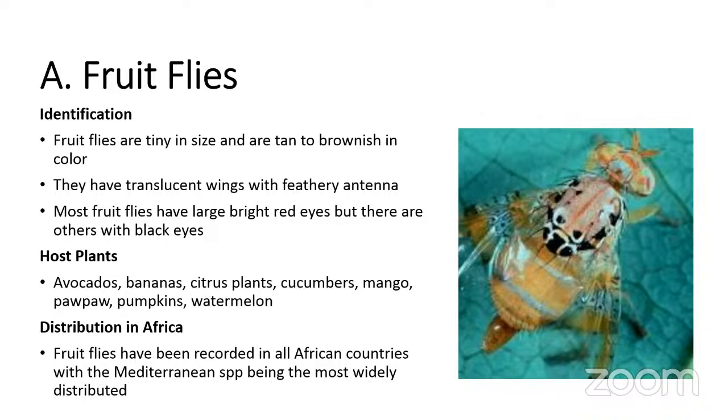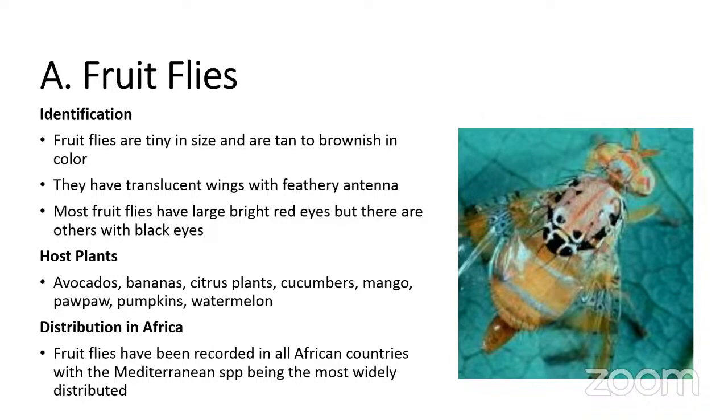The reason why we want to know the host plants is that as you are growing your avocados and you happen to integrate them with any of these crops, when you implement your control measures for the fruit flies, don't leave out these plants, because they will be harboring this pest and it will become almost impossible to control the fruit flies.